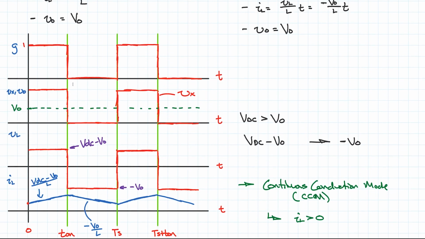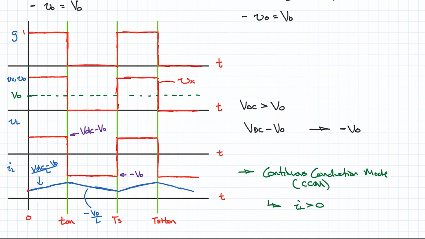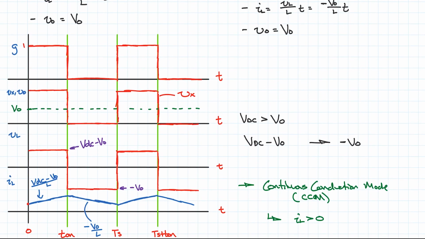So if you go up here and play with this on time, let's say for a second that we made a new switching pulse, and this switching pulse did something like this, this dotted yellow, purple line.